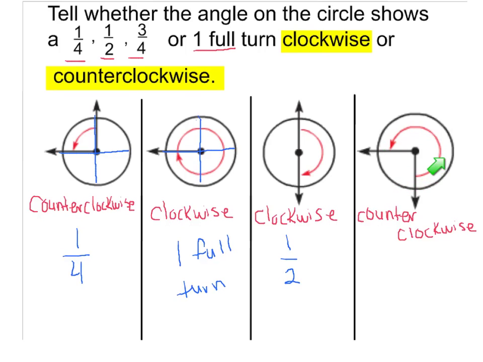So that means it was counterclockwise. And if we divide our circle into 4, we could see that it made 1, 2, 3, a 3/4 turn counterclockwise to the left. I hope you did well on those.